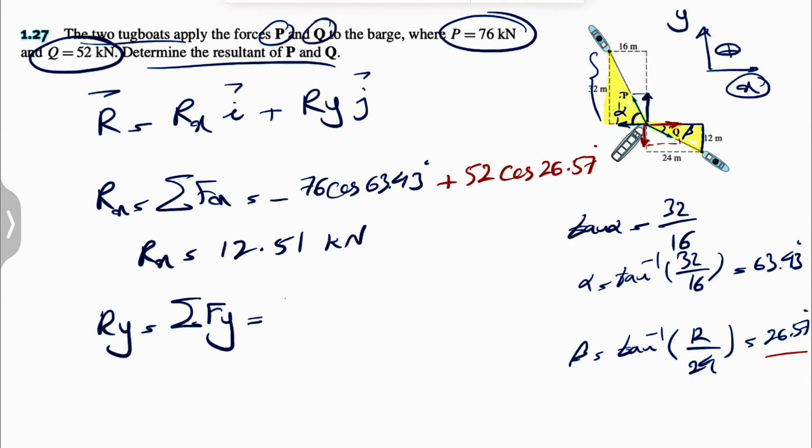Now we need Ry, the sum of all forces in y. We can see the y component of P is upward, so positive 76 sine of alpha, 63.43. And this time we have the y component of Q negative, 52 sine of 26.57.